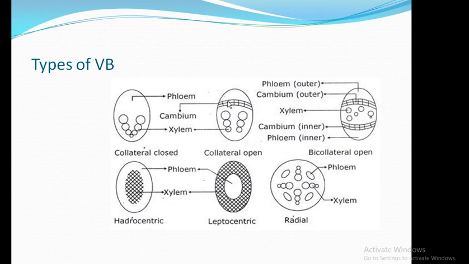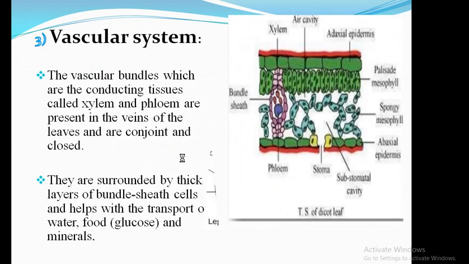But in this slide, cambium is present, so these are open because these are not joined. But here it is collateral closed because of the absence of the cambium. This is the xylem and this portion is the phloem. The phloem is directly joined to the xylem bundle, so we can call it collateral closed. In the dicot leaf, the vascular bundles are conjoined and closed types.